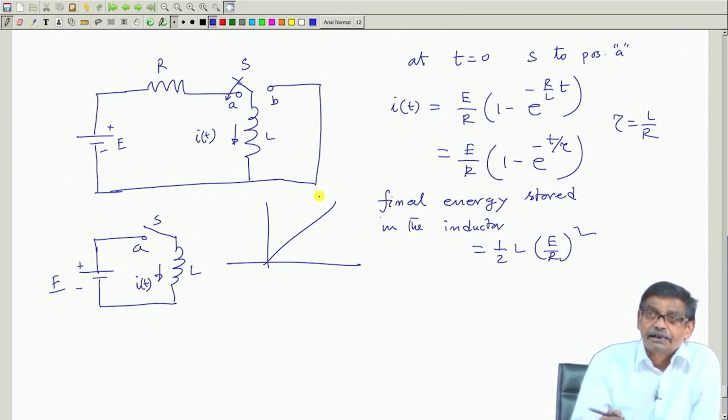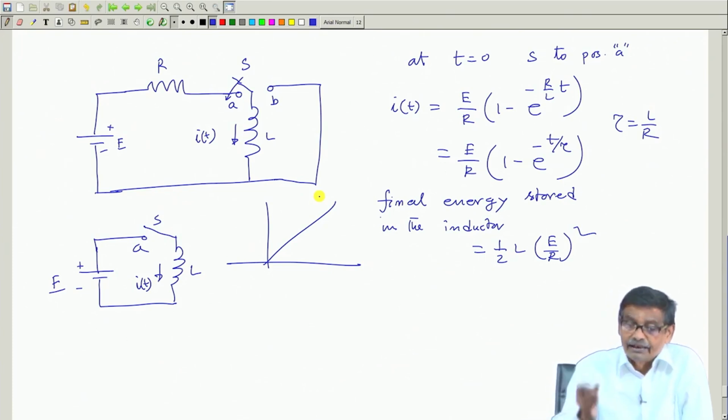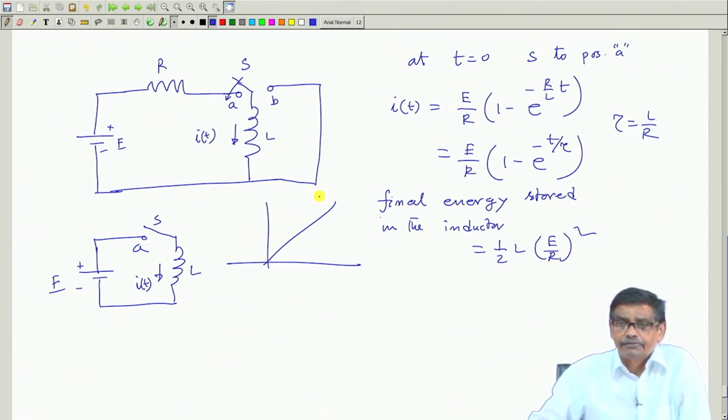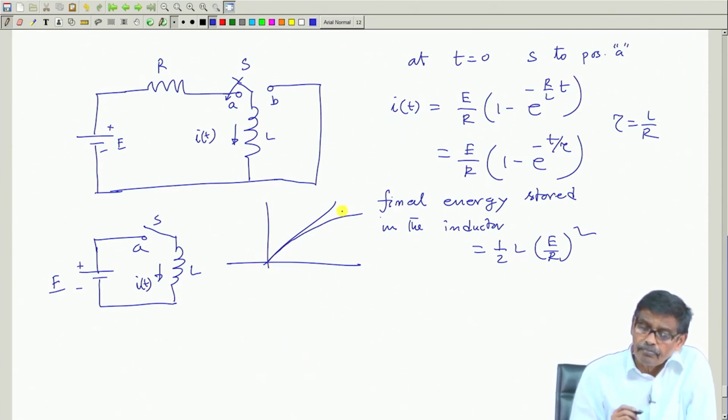Therefore, you select your R such that E by R is the rated current of the inductor, and you do not run the risk of exceeding the rated current of the coil. Of course, that current also should be the rated current of the resistance, that is fine. But here it was growing, but here it is going like this, E by R.